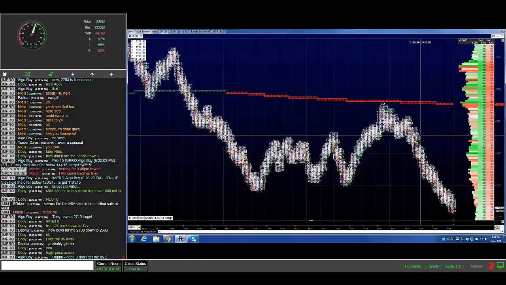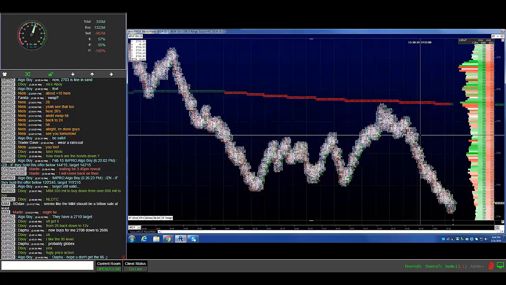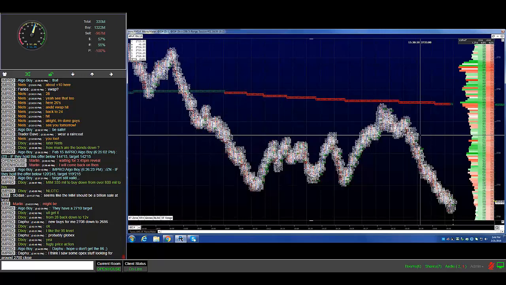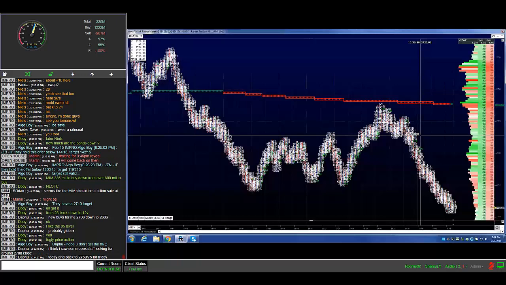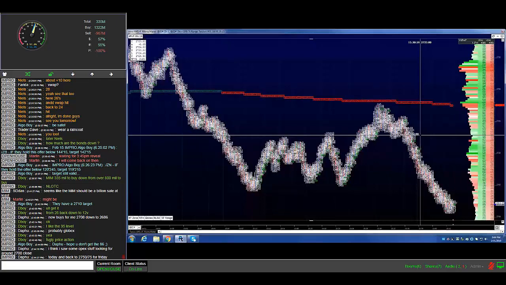Just looking at the ticks, you can see each tick is getting progressively lower and lower. One minute.